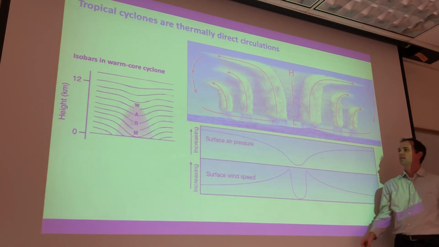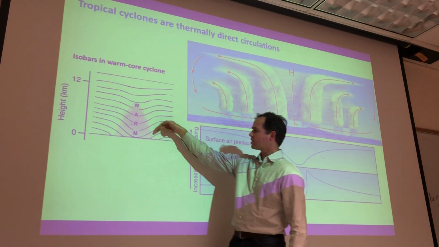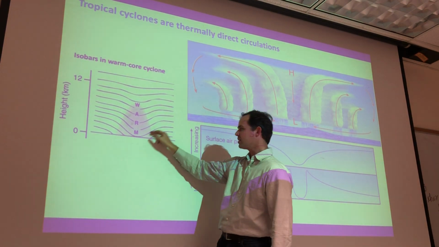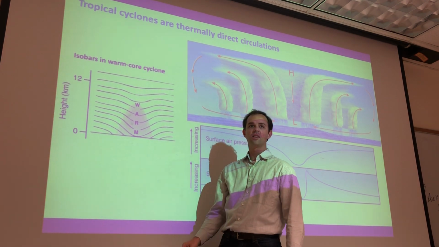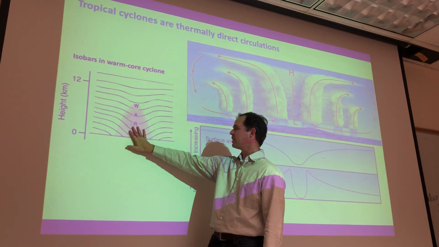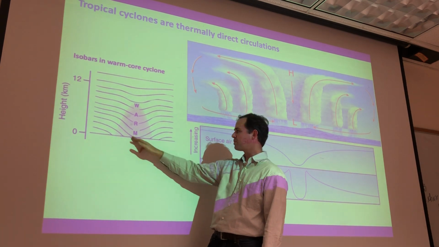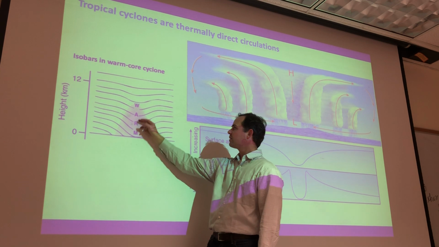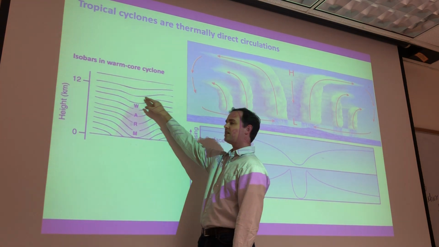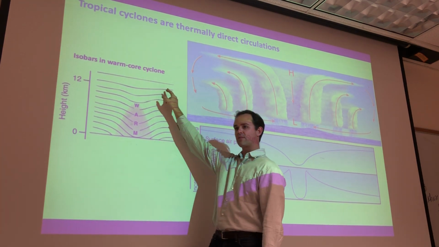You can see here the slope of these isobars is an indication of how strong the pressure gradients are. In a warm system like this, we have very strongly sloped pressure surfaces near the surface, and the slope of these isobars decreases as we go up in the atmosphere.